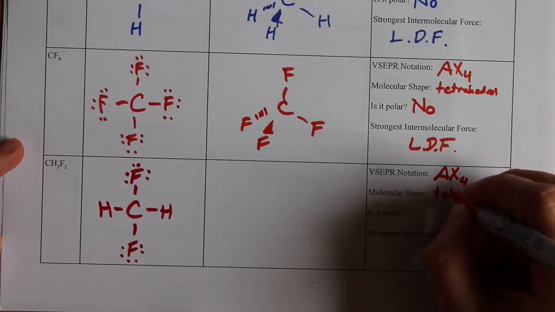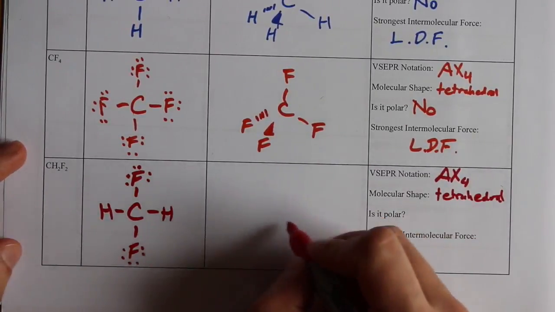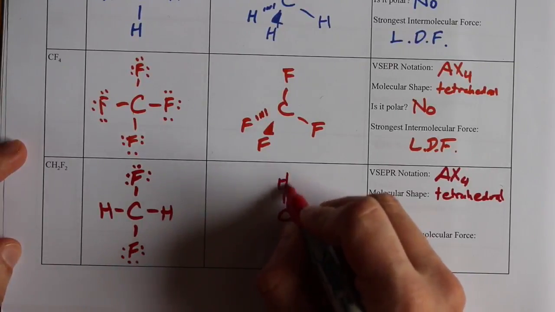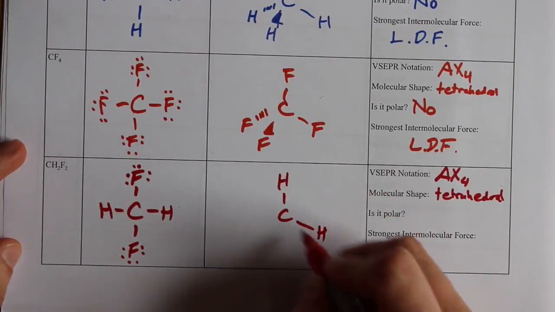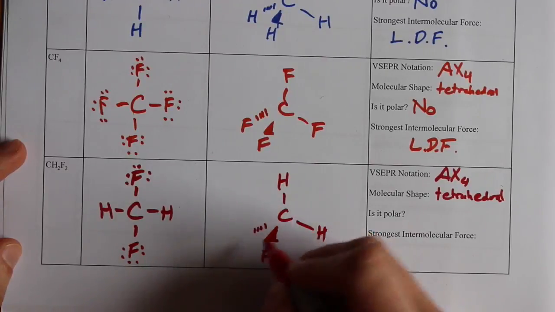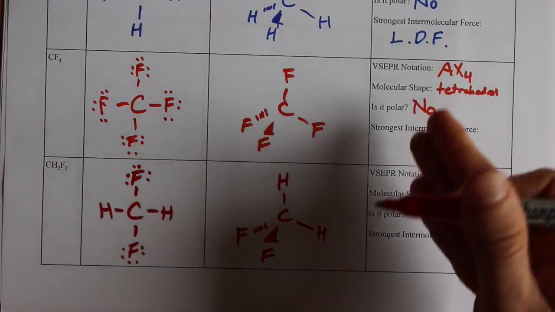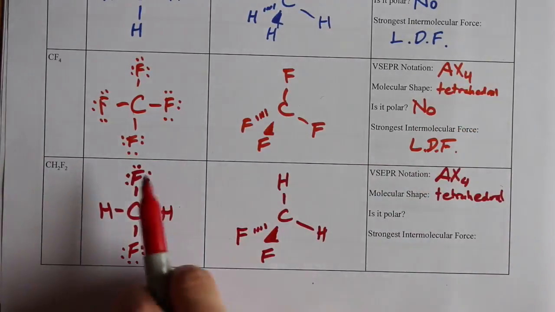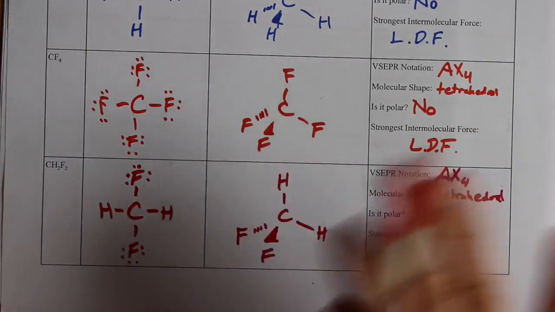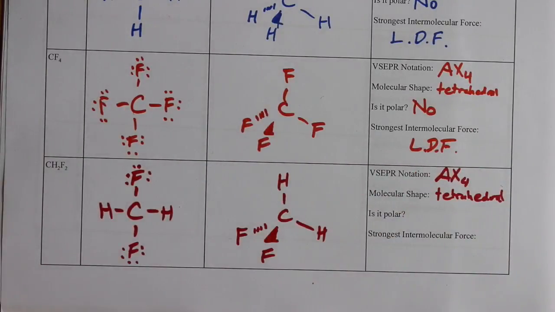It is tetrahedral again, because it's AX4, and so we can draw it out this way too. I'm going to put my hydrogen on top. It does not matter where you put these. Like, I could have put my F up here, my H down there. The only time it would actually matter is if you had 4 different things connected to carbon, and that R/S and enantiomer stuff has nothing to do with VSEPR, so don't worry about it.